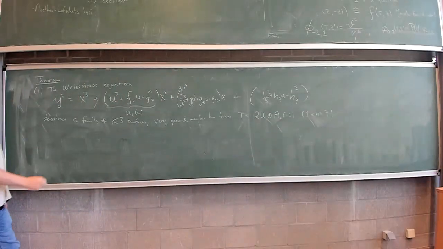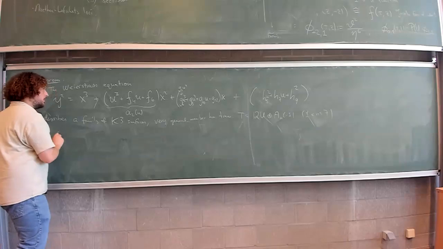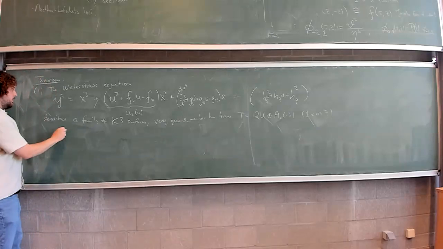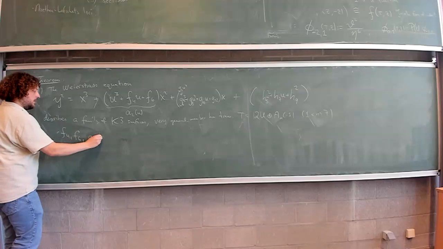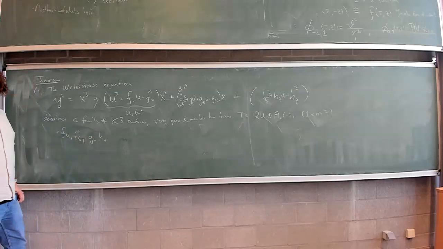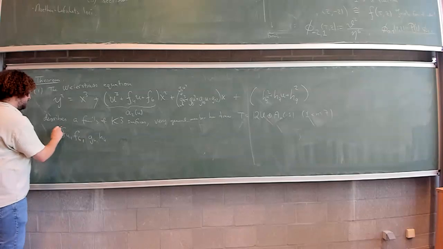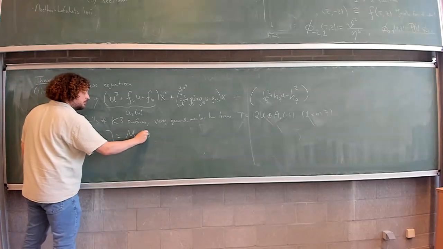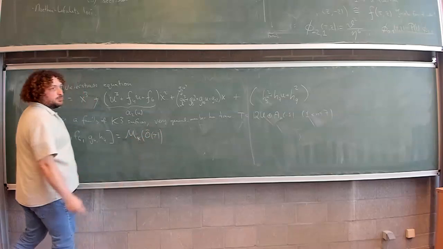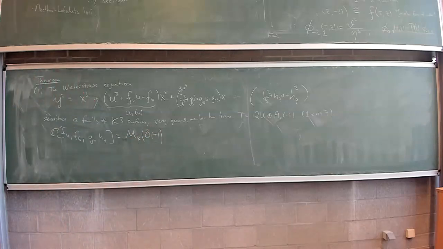And the coefficients F4, F6, GK, HK, they generate the algebra of modular forms with respect to T. So we recover the result I proved not using K3 surface techniques.